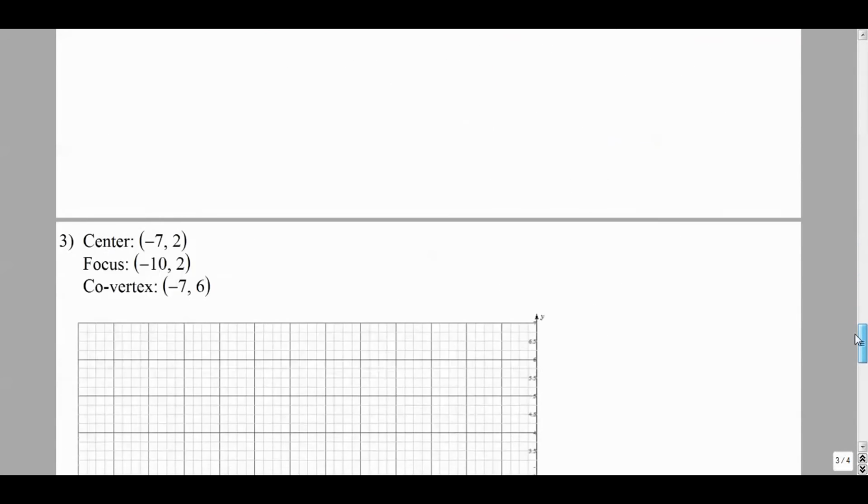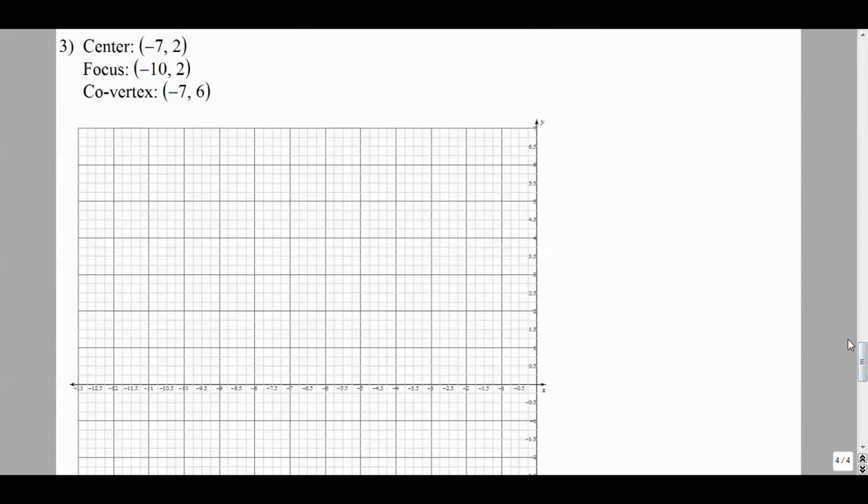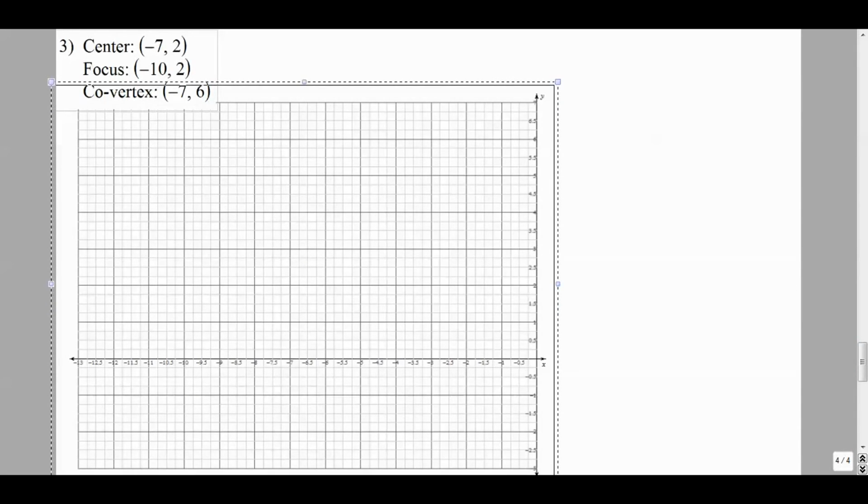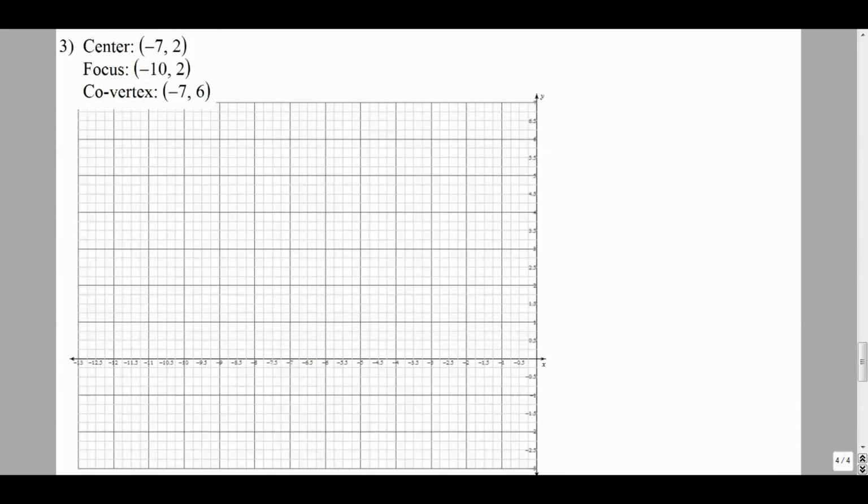All right, hopefully you tried number 3 as well. I'm going to go through this one really quickly here. Hopefully you're getting the hang of this stuff. Center's at -7, 2. That is right here. That's my center. One of my foci is at -10, 2. So that would be right here.